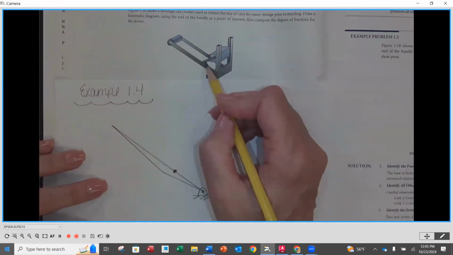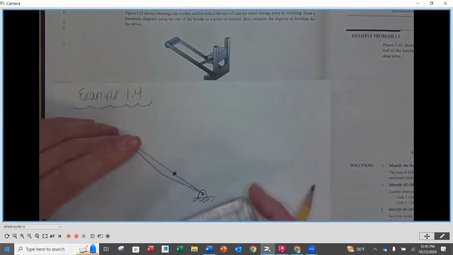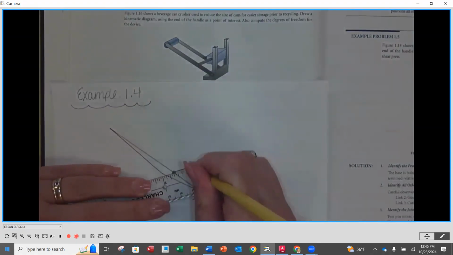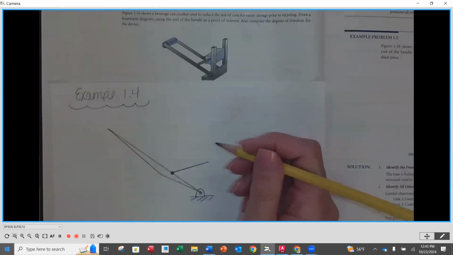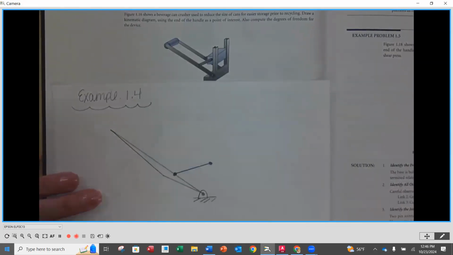All right. Then the next one is going to be this connecting rod that is going to go to my slider. Now we don't have dimensions, so again, proportional drawings would be good. I'm going to call it my connecting rod, or coupler, as it's sometimes referred to.